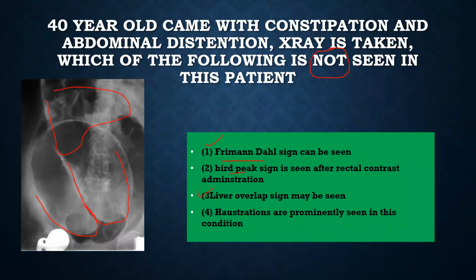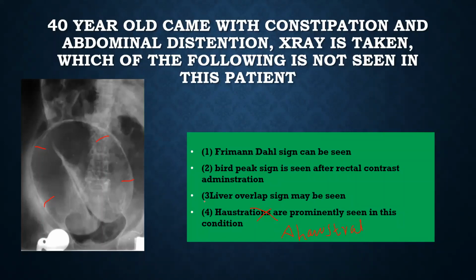If you carefully see the sigmoid loop, there are no haustra seen in this sigmoid volvulus. See, there are no haustra. Usually haustra can be seen like this, right? You will be able to see some haustra. Here there are none. Sigmoid volvulus is ahaustral.